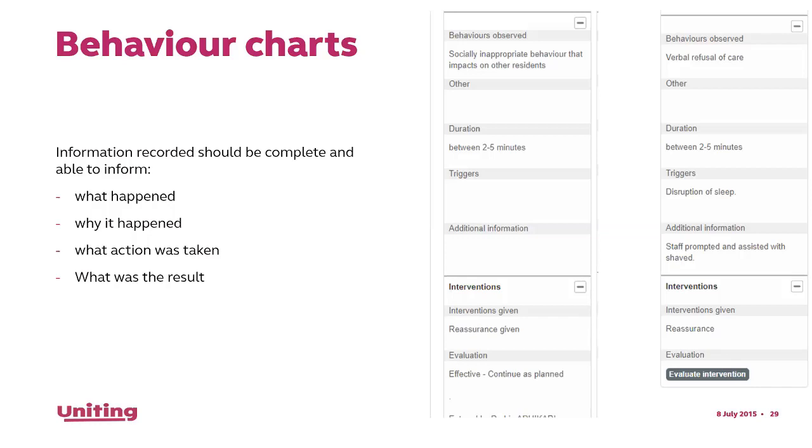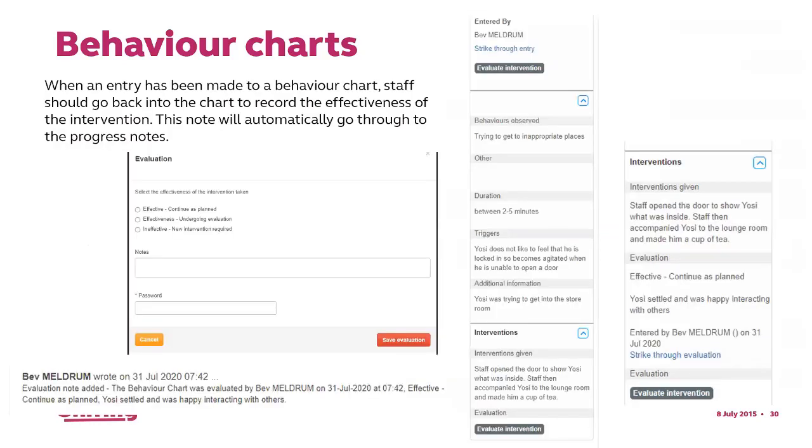If there has been an entry on the behaviour chart, an intervention has been added, then staff need to go back into those behaviour charts to say whether it worked or not. So staff need to go back in and evaluate to record the effectiveness of the intervention.